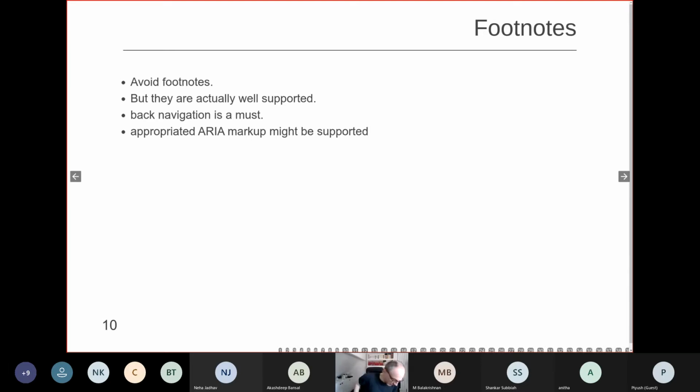Footnotes again. So let me start my rant on footnotes. What I normally explain, particularly to students who start with their scientific writing and often tend to put a lot of footnotes in their papers, is that the question there is always, well, if something is really important for the understanding of the content, then it shouldn't be in the footnote.